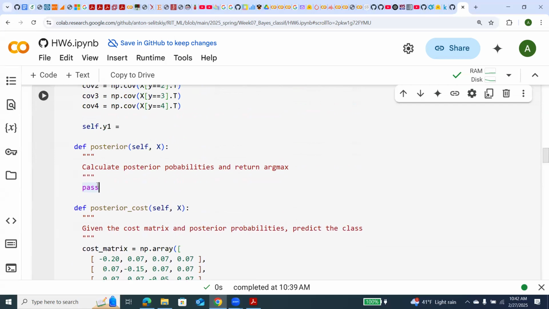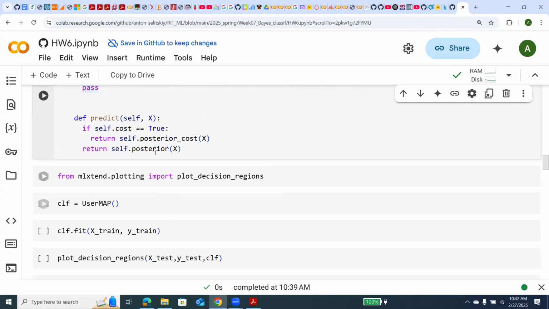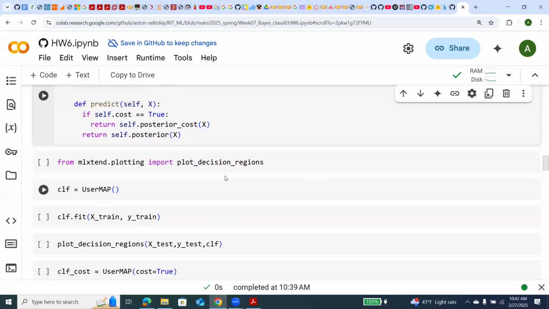I don't ask to return the class. I ask to return the probability of class. So it will return four numbers for every point. And then based on these four numbers, actually the classification will be processed in this plot.